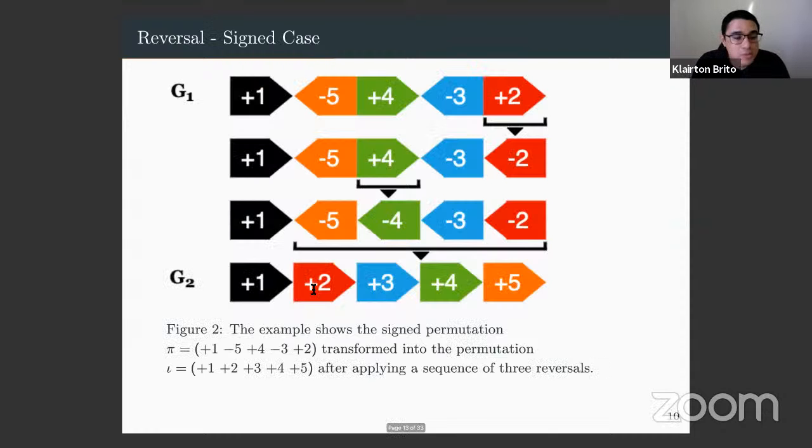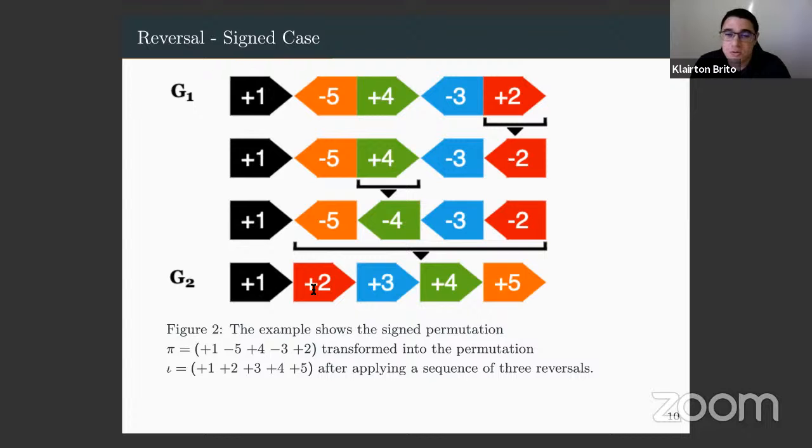In the following example, we have the signed case. On the top, we have the source permutation, and below we have the target permutation, which is the identity permutation, and a sequence of 3 consecutive reversals is capable of transforming the source permutation into the target permutation. The first 2 reversals are applied to just one element, as we can see.